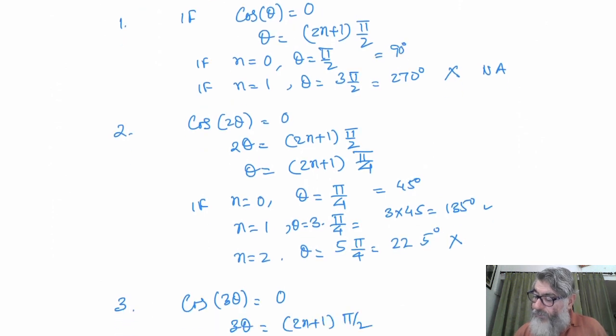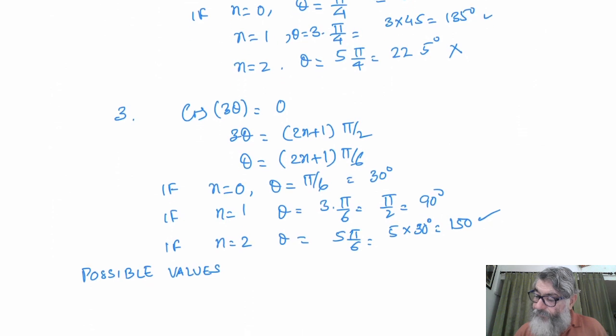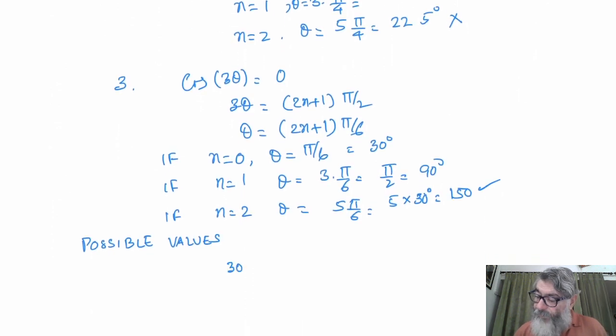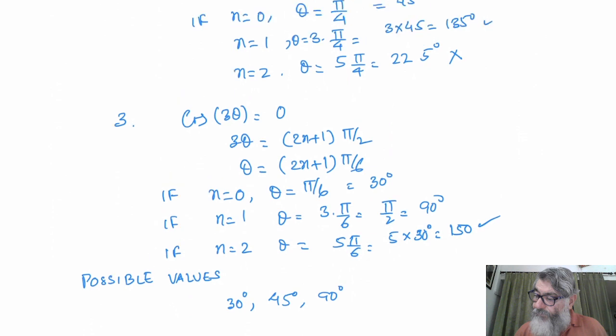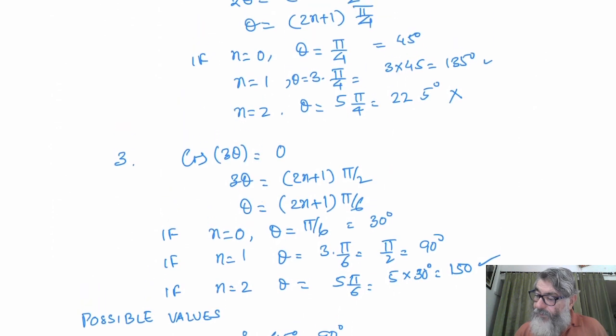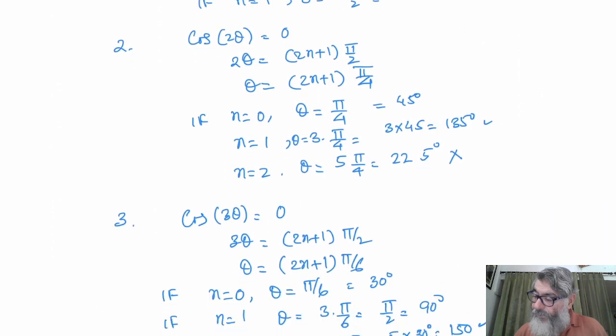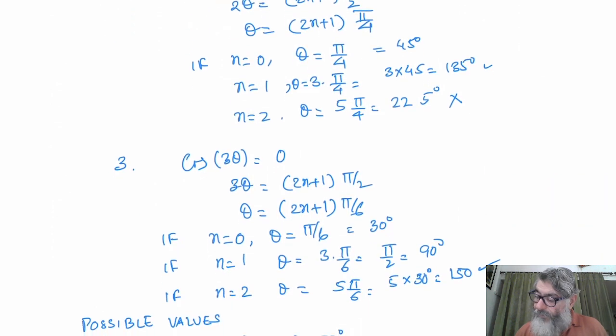So 30 is acceptable, 45 is acceptable, 90 is acceptable. Then 150, 135, and then 150 degrees. All these values are possible.